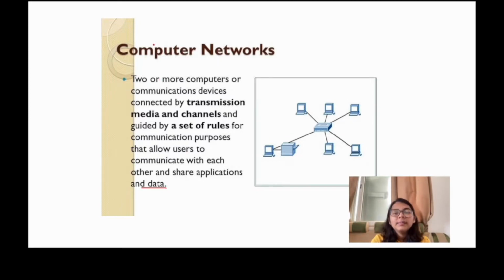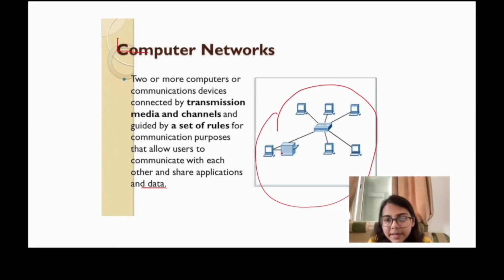Okay, so a computer network usually consists of two or more computers. Here you can see these computers are interconnected to each other, and there is a printer also. So these devices are interconnected, students. A computer network connects two or more computers together with the help of transmission media or channels.